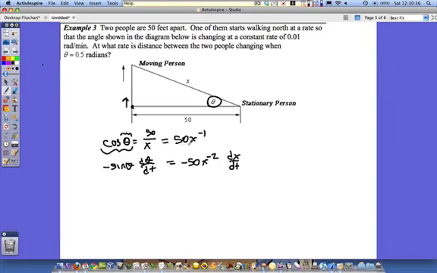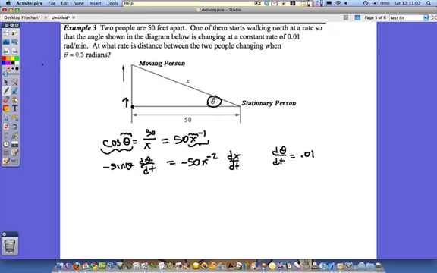Same idea. Outside function, inside function. Now, let's go ahead and plug in what we know. d theta/dt is equal to 0.01. Is it positive or negative? It's positive because theta is increasing as this guy moves forward, or moves up. dx/dt we're trying to find.